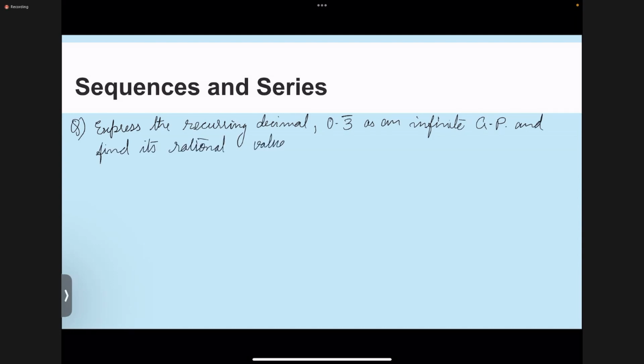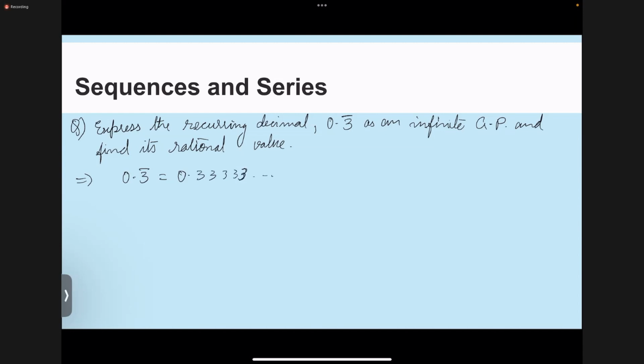Okay, so when you have this bar over 3, that means your 3 is recurring after your decimal point. Therefore, 0.3 bar is actually 0.333 and so on.